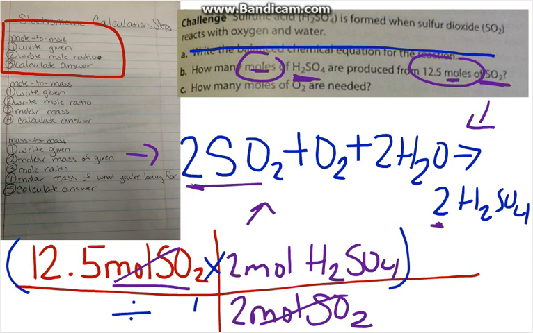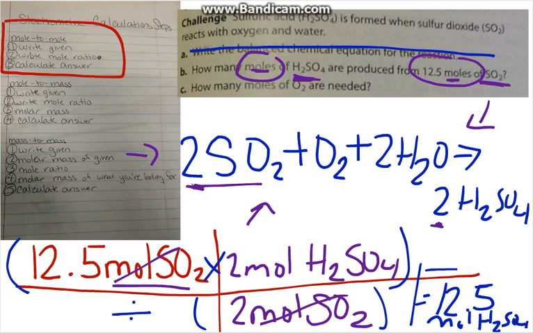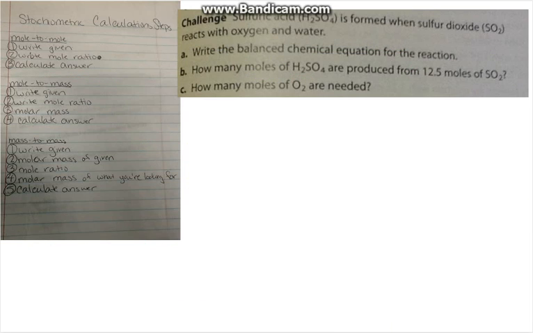Multiply everything on top, divide by everything on bottom, and I should get, go ahead and calculate, you should get 12.5 moles of H2SO4. And that is your answer for B. Okay? Let's look at C.